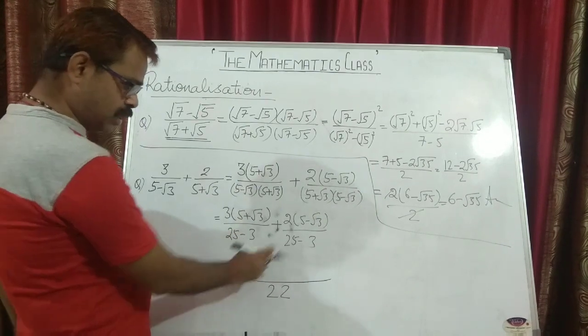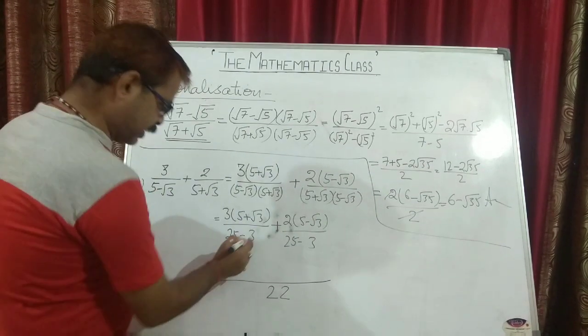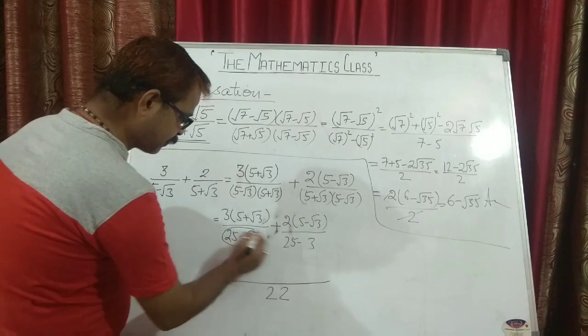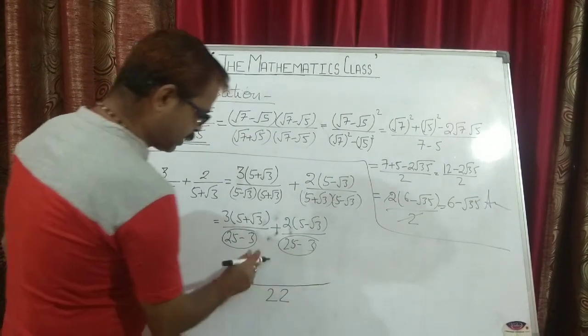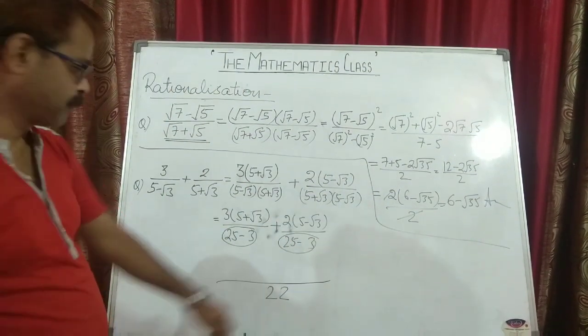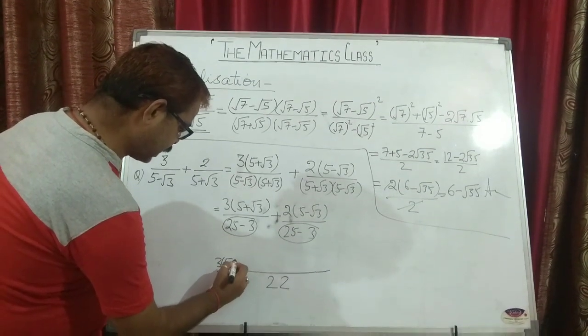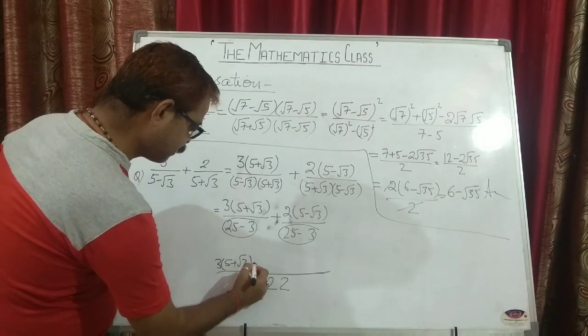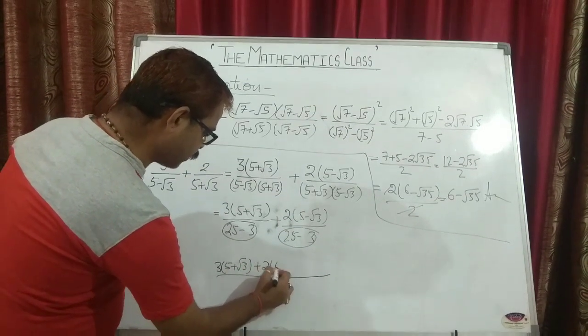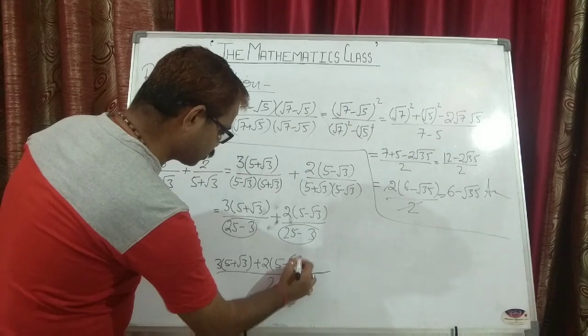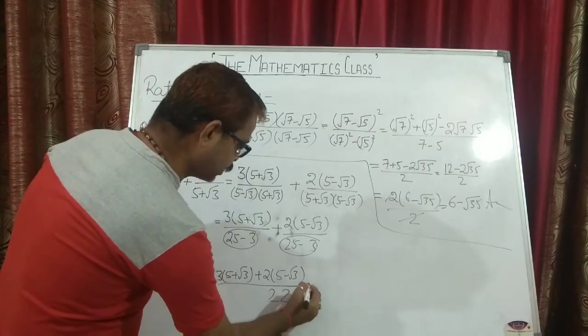25 minus 3 is 22. So here if you want you can write 22, and here also 22. So I am writing 22 over here as the LCM. So this will be 3 times 5 plus root 3 plus 2 times 5 minus root 3 upon 22.